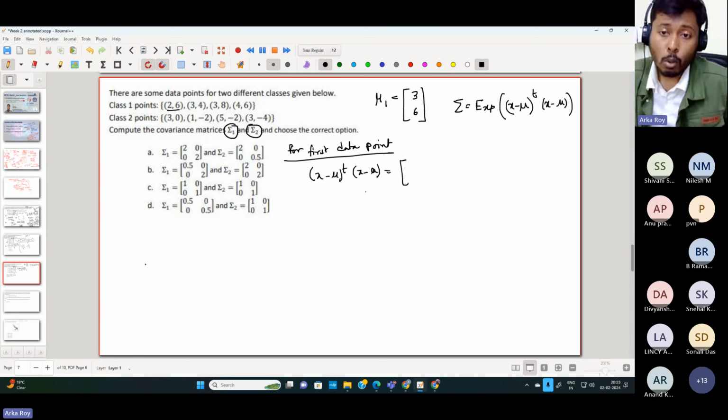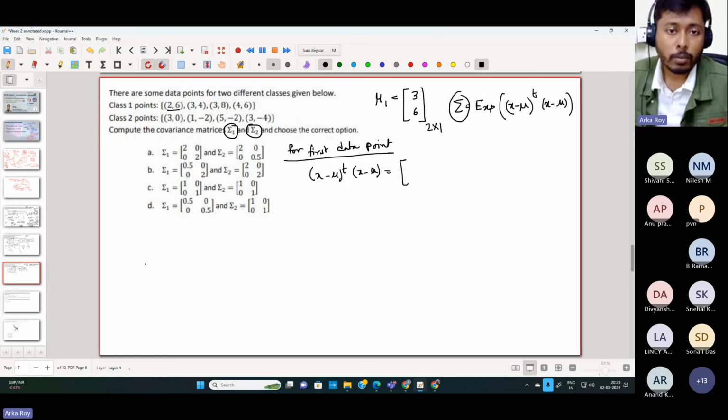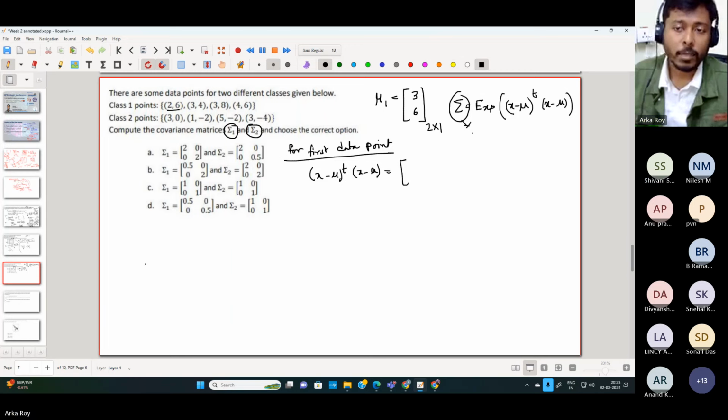Now there is a caution that you have to care about. You have two features from the classes. So the feature vectors have a 2 cross 1 shape. What will be the size of the covariance matrix if you have two features? 2 cross 2. Okay, yes, it will be 2 cross 2.